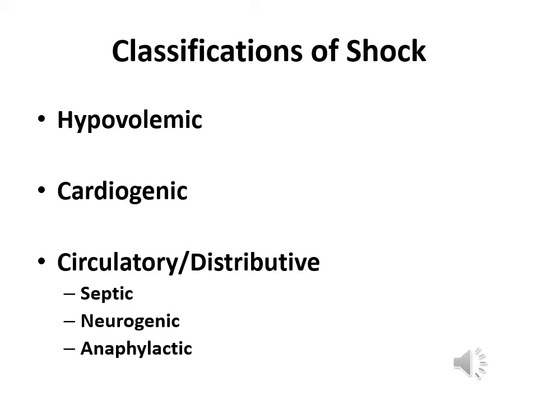Cardiogenic shock occurs when the heart's ability to contract and pump is impaired and there's an inadequate supply of oxygen to the heart. So that takes us back to the body needing an adequate cardiac pump. And finally, circulatory, or another name that you may hear is distributive shock, is when the blood vessels relax or dilate and don't allow for that peripheral resistance that's needed to get the blood returned to the heart.